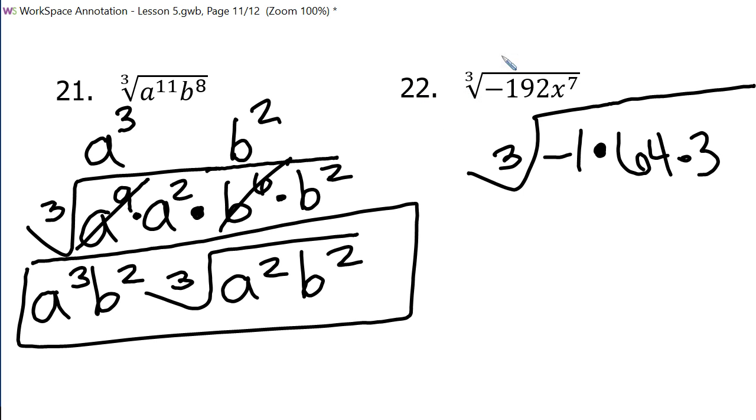And for x to the 7th, how do I break that up? X to the 6th times x to the 1st. Now mark out the negative 1. What's the cube root of negative 1? Negative 1.